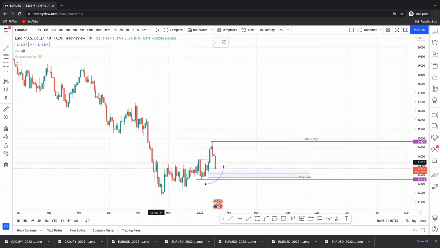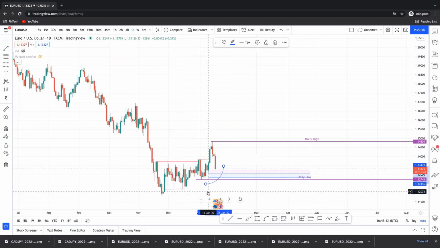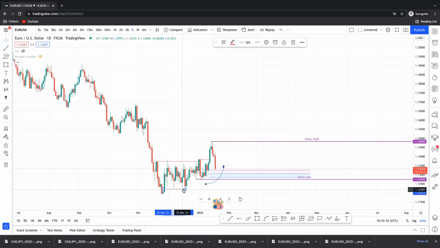Order flow will be like this: this will be the first break of structure, and the mitigation of that break of structure is here. This is the order flow invalidation line, and this is the structural invalidation line.